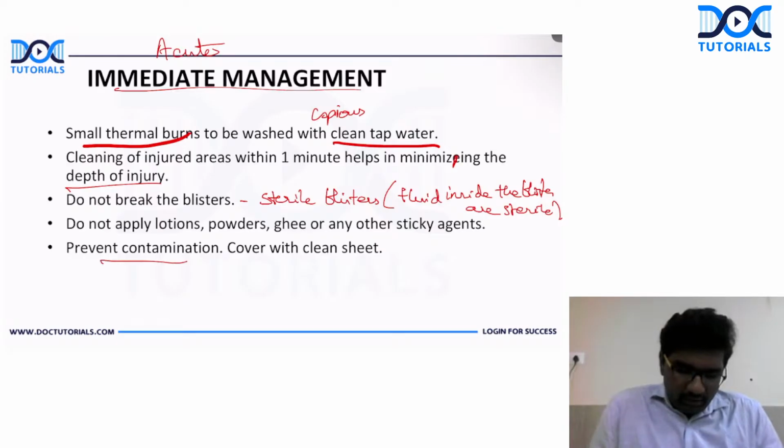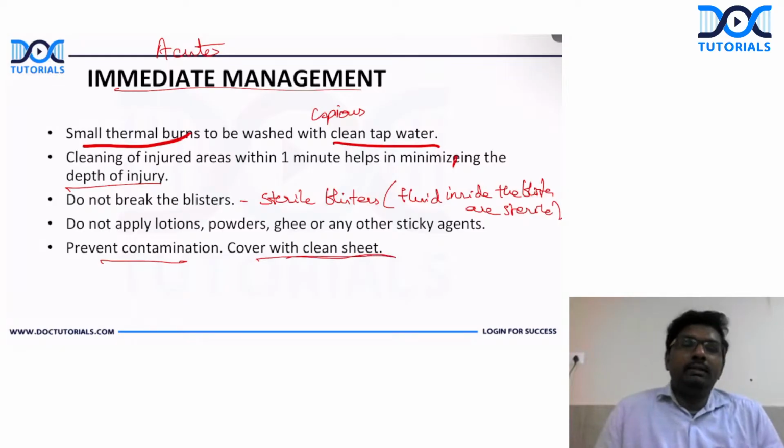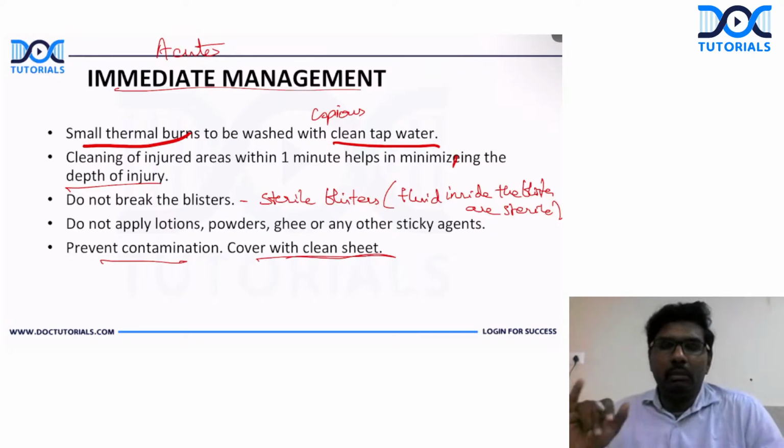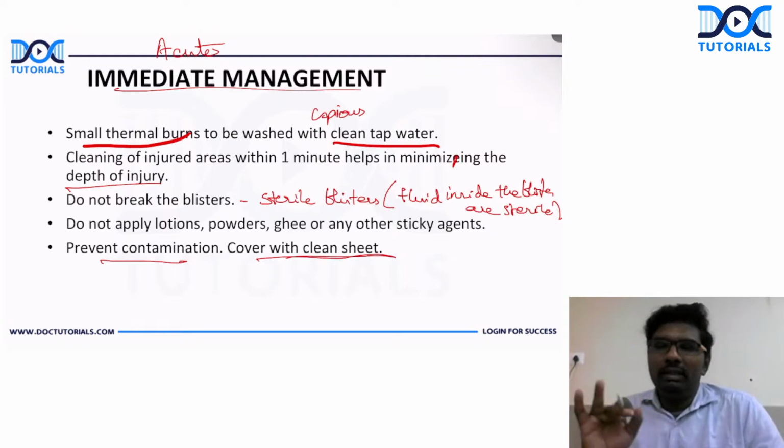So two things to keep in mind: wash with a copious amount of clean tap water because this will help reduce the depth of the injury, and never break the blisters because the fluid inside is always sterile. Don't apply anything native, and prevent contamination by covering the injured area with a clean sheet.